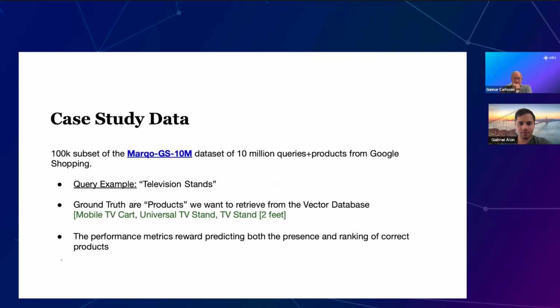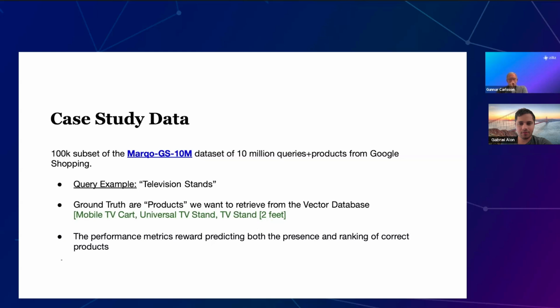This data set is open source from Marqo. It's called Marqo GS 10 million. In their examples, they work a lot with this 100,000 sample subset. And this data set is constructed of queries to Google Shopping as well as ground truth products.